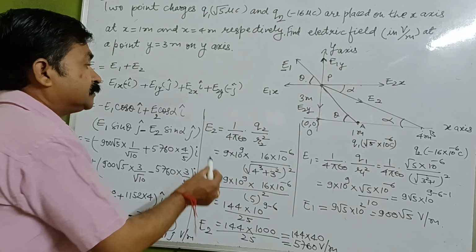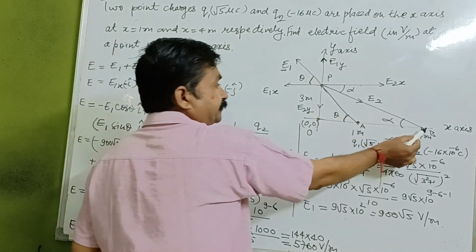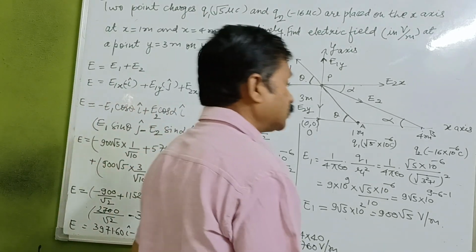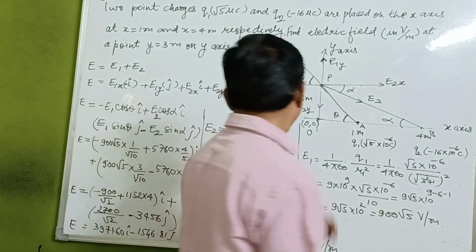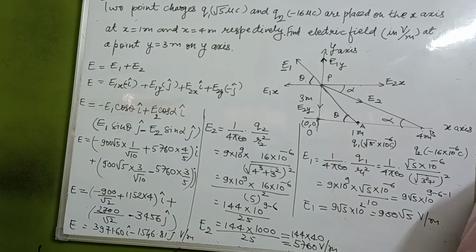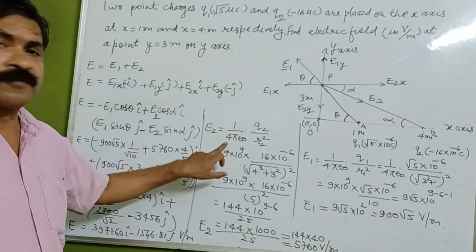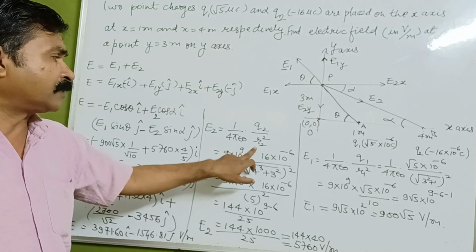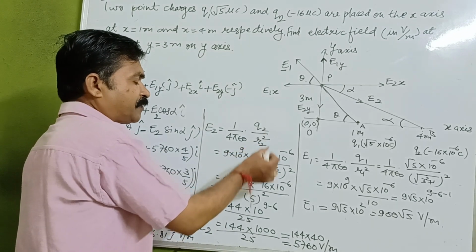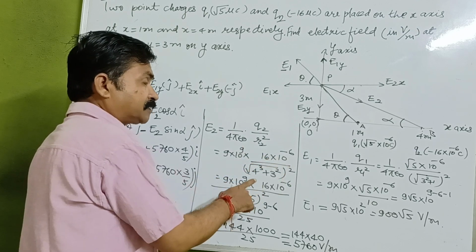Now the electric field because of the charge Q2. E2 is 1 upon 4 pi epsilon naught Q2 upon R2 square. So here we have 9 into 10 raised to the power 9 into 16 into 10 raised to the power minus 6.